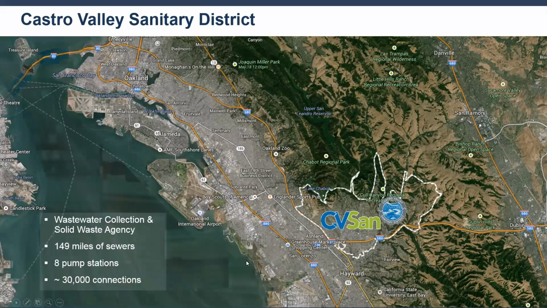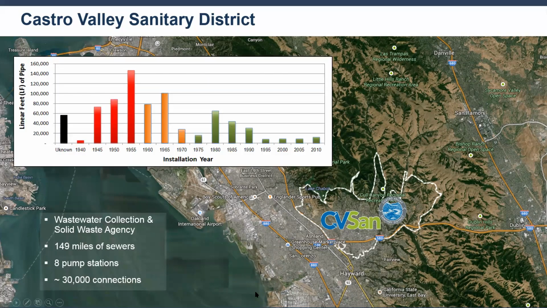So they also have some unique challenges with the age of their system. They're made mostly of clay pipe, of VCP, that was installed here in the red years or before 1955. So just an FYI, 1956 was kind of a catalyst year with VCP pipes where the rubberized gasketed joints began to be used.